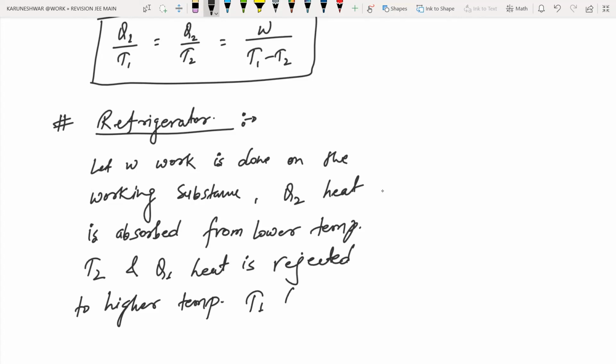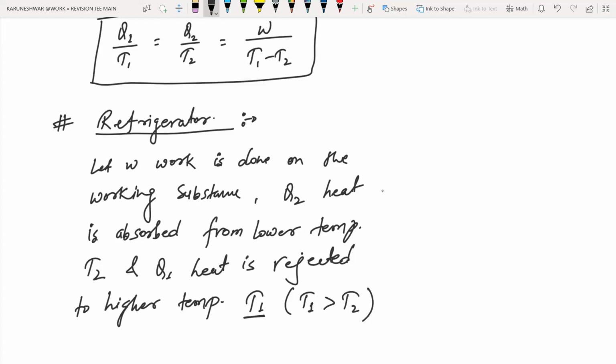You must have seen the refrigerator, that from the backside of the refrigerator some heat energy is getting ejected. That rejected heat energy is at a higher temperature than the temperature inside the refrigerator. So this rejection of heat is happening at the higher temperature.